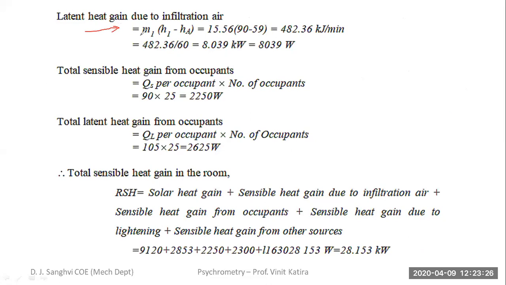What we are doing is trying to find all the heats that are entering the room, all the sensible heats and latent heats entering the room, as well as all the sensible heats and latent heats already present in the room, so that we can find the room sensible heat factor. So it is 8037.267 watt. I'm getting 8039. That's okay.